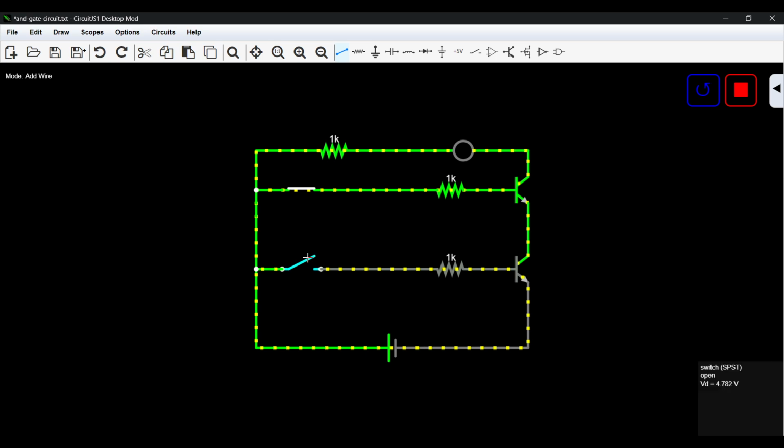And if I turn this off and this on, again, it does not light this up, but only if I turn both on, then this lights up. And essentially that's called an AND gate.